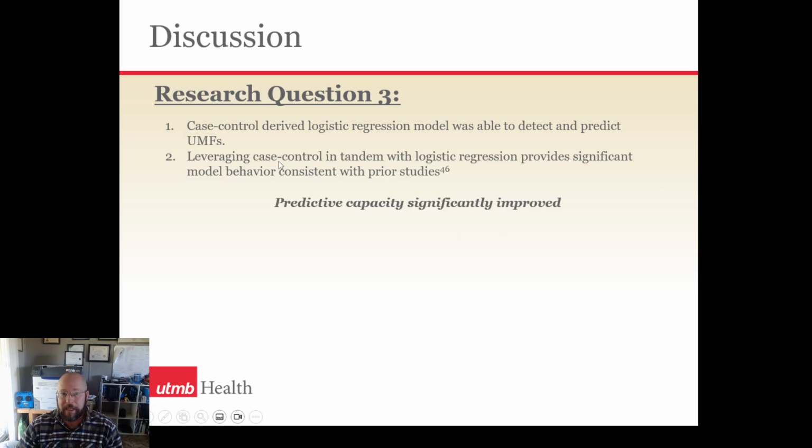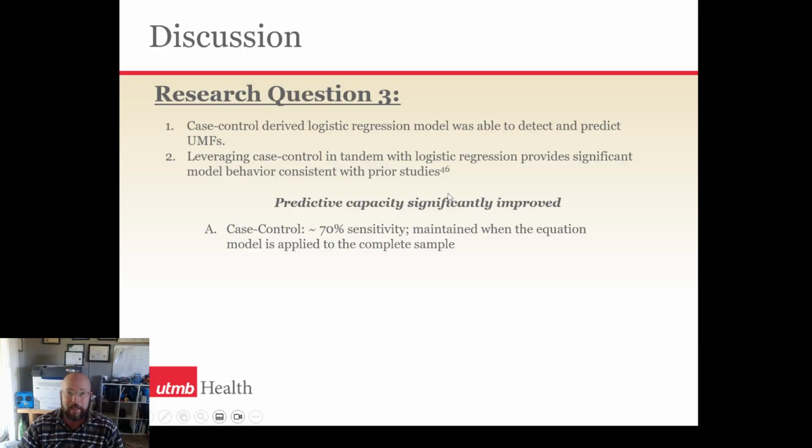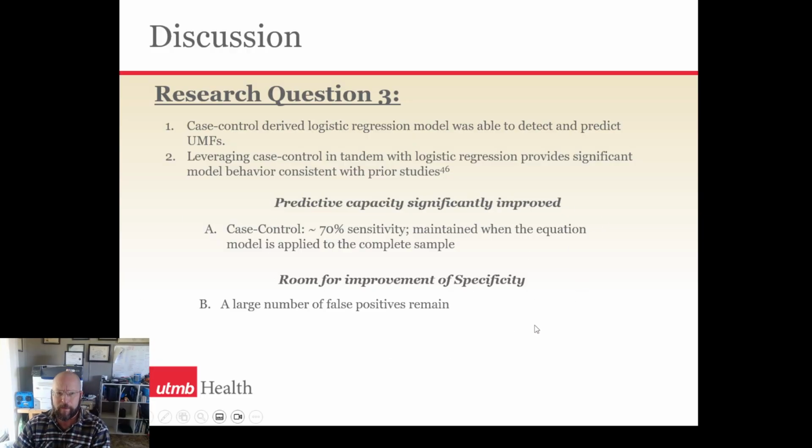In essence, the predictive capacity significantly improved by observing mechanical failure as though it was a rare disease and using a case control methodology to create that model. So the case control study had a 70% sensitivity, and that 70% sensitivity was maintained when we applied it then to the unadulterated complete data set. Obviously, there's quite a bit of room for improvement.